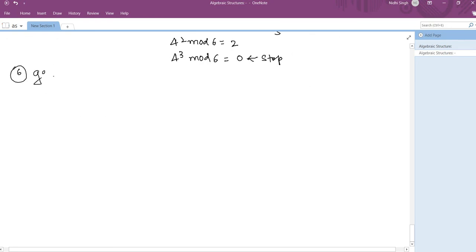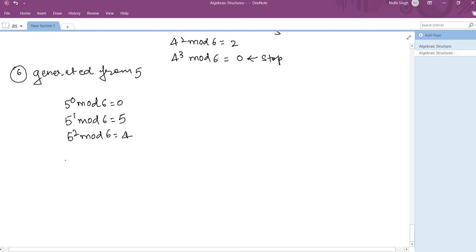So generated from 5. 5 to the power 0 mod 6 equals 0. 5 to the power 1 mod 6 equals 5. 5 to the power 2 mod 6 equals 4. 5 to the power 3 mod 6 equals 3. 5 to the power 4 mod 6 equals 2. 5 to the power 5 mod 6 equals 1.